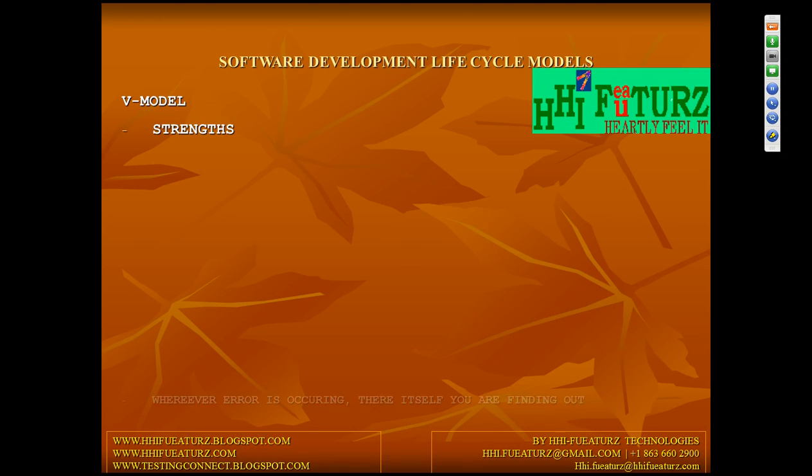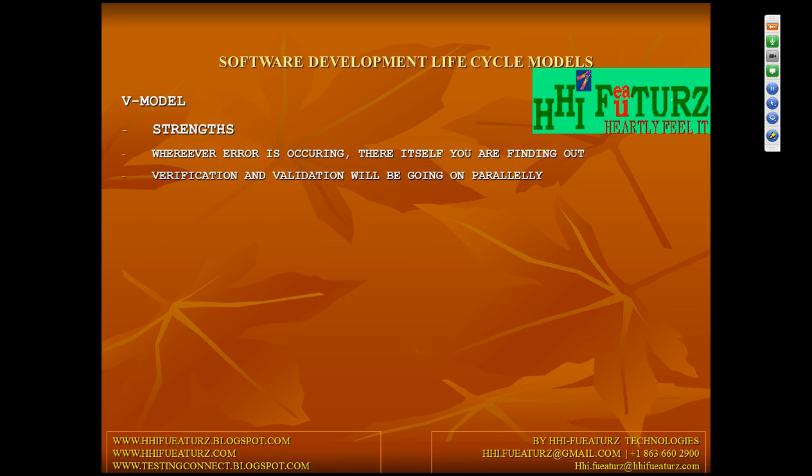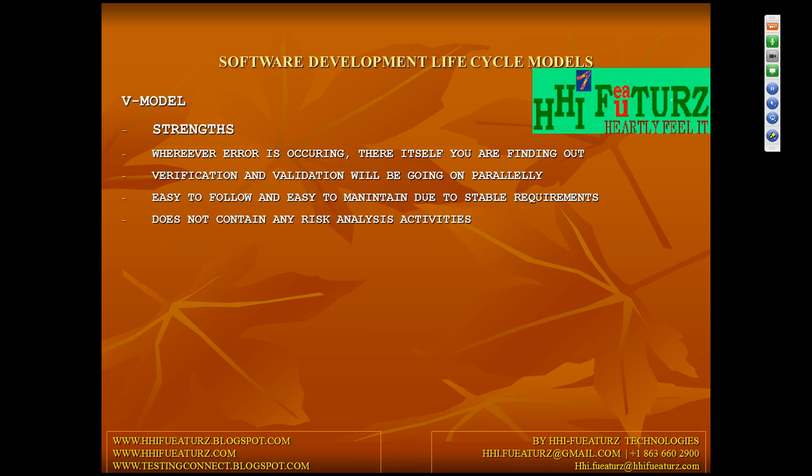You simply ignore that. Then strengths and weaknesses: mostly the advantages and disadvantages you come across for the waterfall model, you will get the same strengths and weaknesses for the V model also, except one or two. In the V model, the major advantage is that both development and testing activities happen parallelly. So wherever an error occurs, there itself you will find it, and immediately you will correct it.